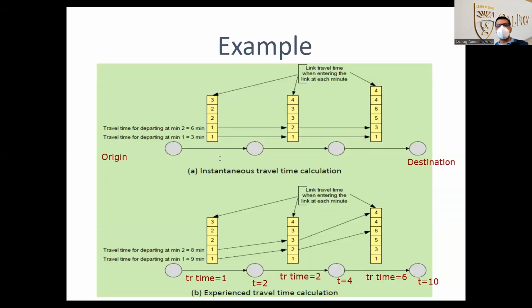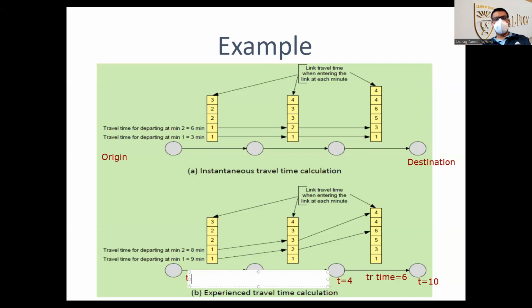Okay, so t equal to 2, how much total travel time did you get? 8 minutes. The answer obviously is there, but let's try to update it. What would you do for the travel time for the first link? 1 minute, right?